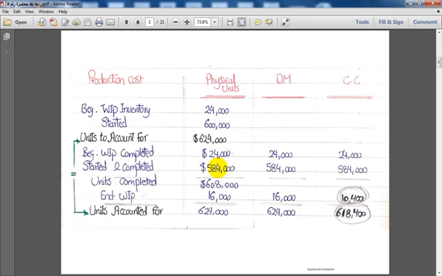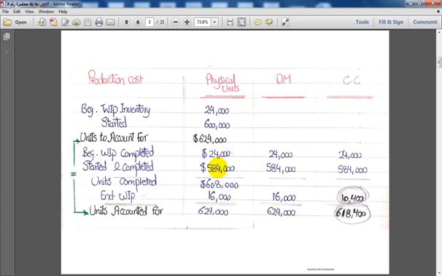For direct material, 624,000. This is the equivalent units. And for conversion cost, or direct labor and overhead, equal 618,400. This is step number 1, step number 2, and this is step number 3, equivalent units for cost elements.